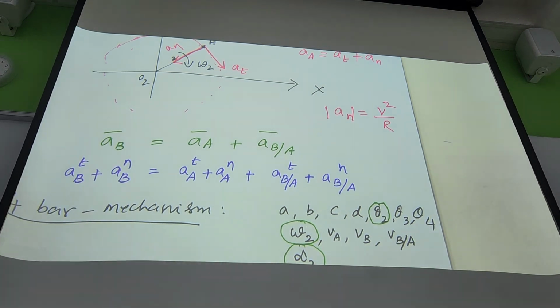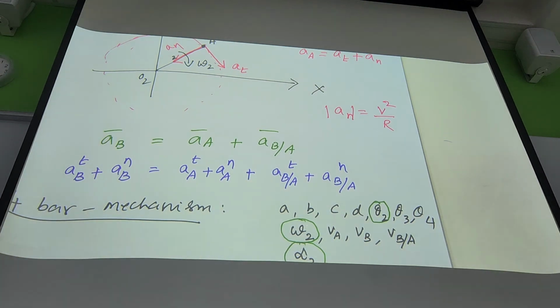Then what are the things we need to calculate?